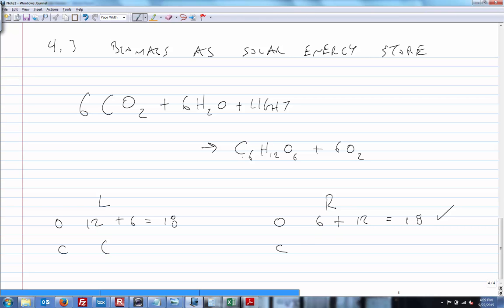On the right-hand side, all 6 of those carbon atoms from your CO2 molecules are now part of your glucose molecule. And if we look at the hydrogens in the water, there are 12 hydrogens right there. All 12 of those hydrogens from the water are consumed in a single glucose molecule, H12, so everything checks out.